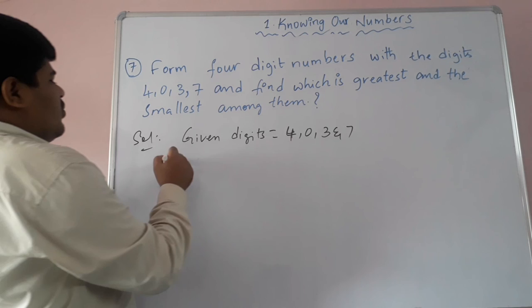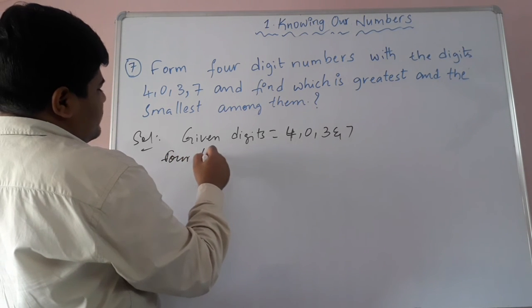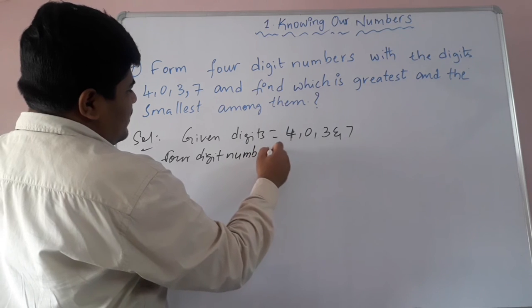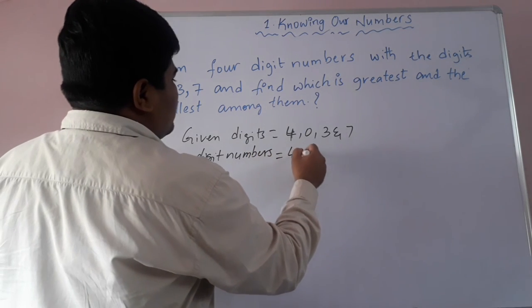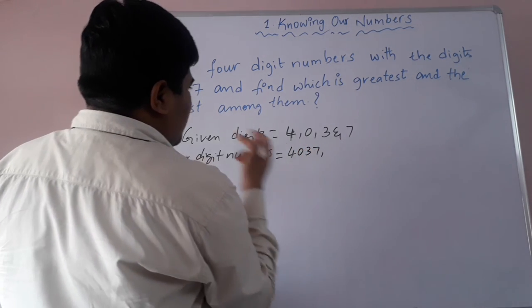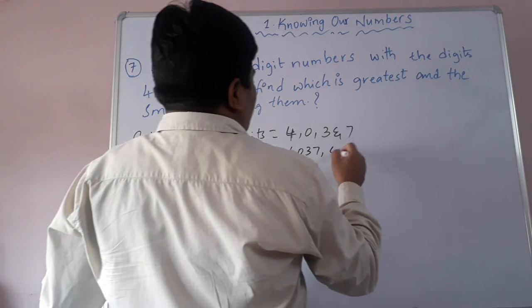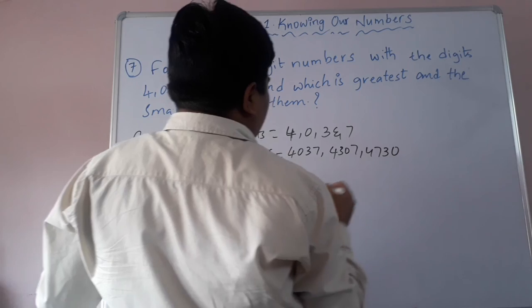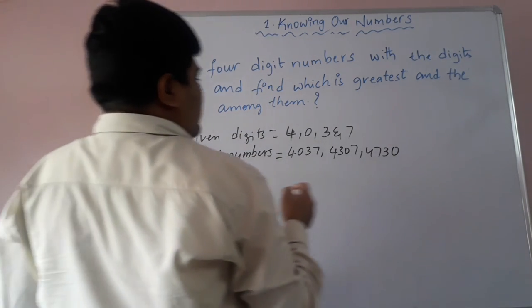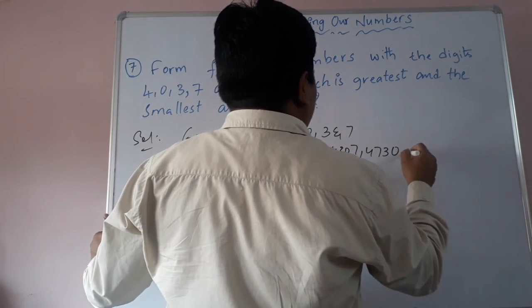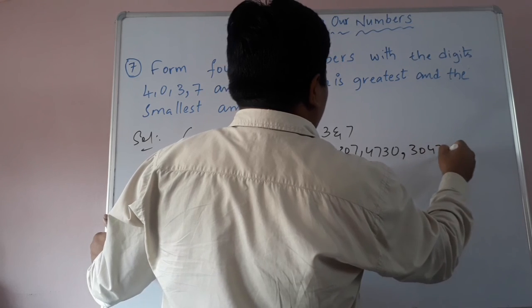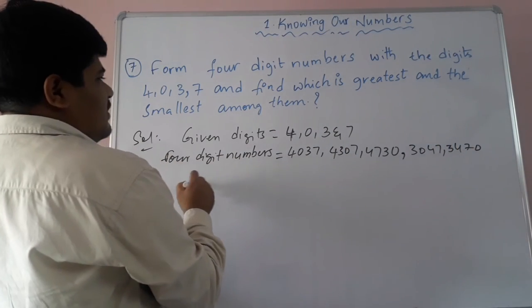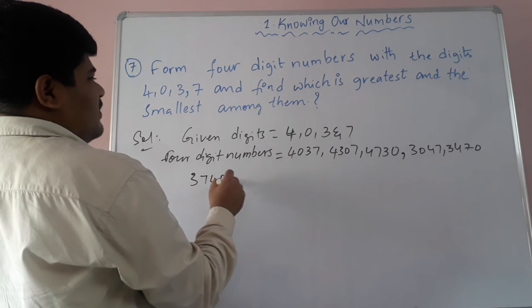So 4-digit numbers. What are the 4-digit numbers, children? 4,037. Okay. And 4,307, 4,730. Okay. And next 3,047, 3,470, 3,740.